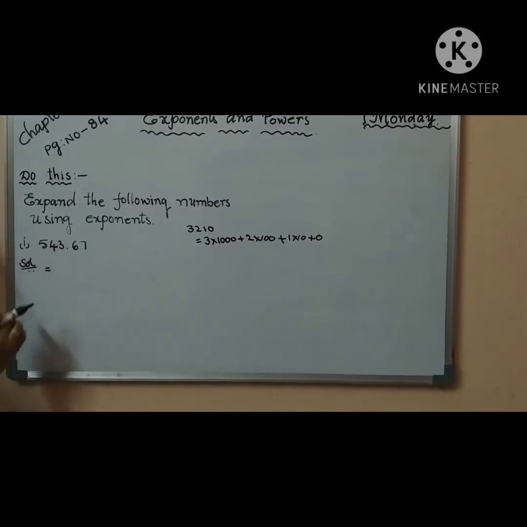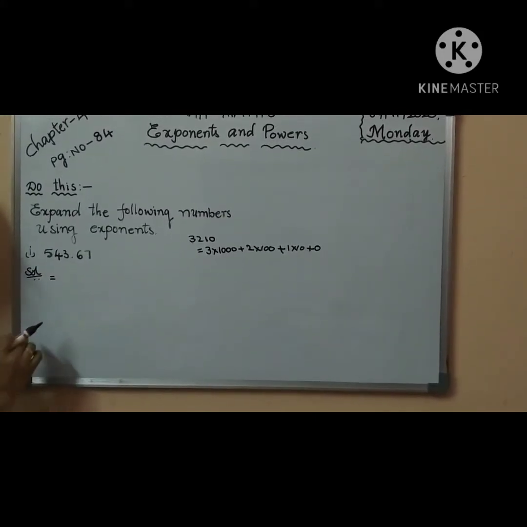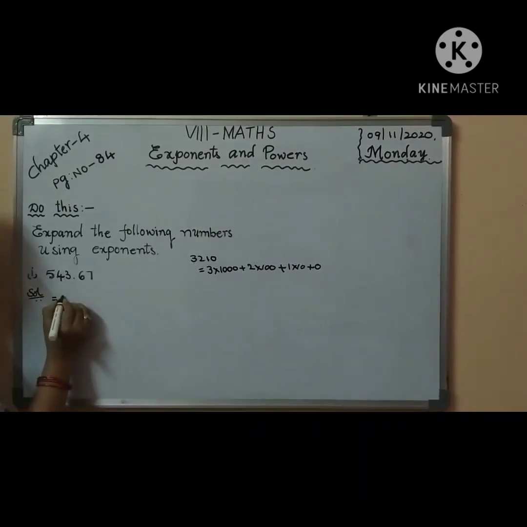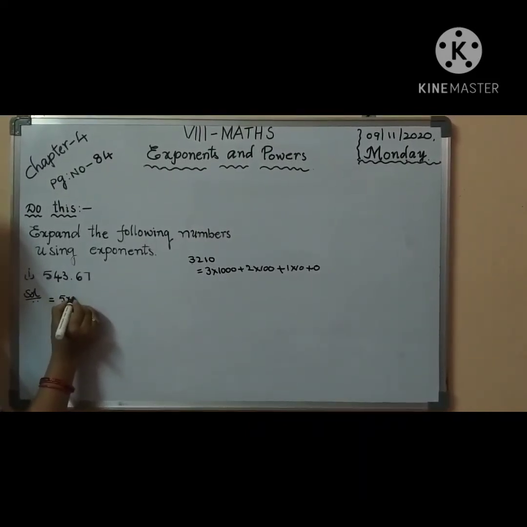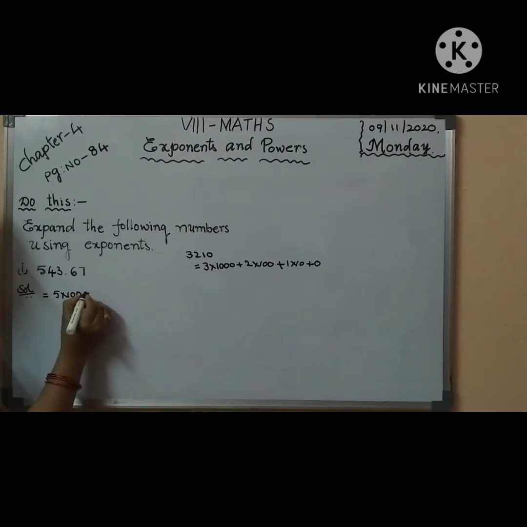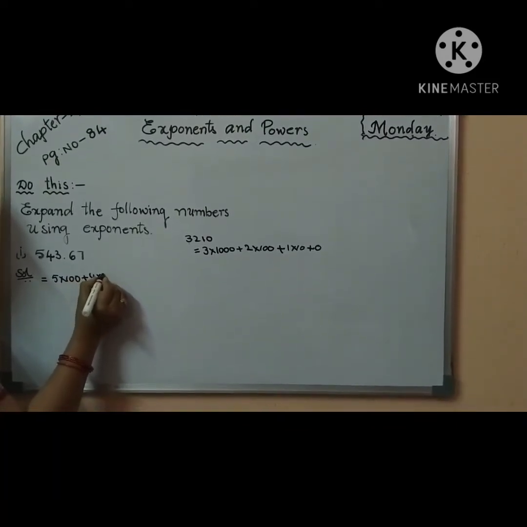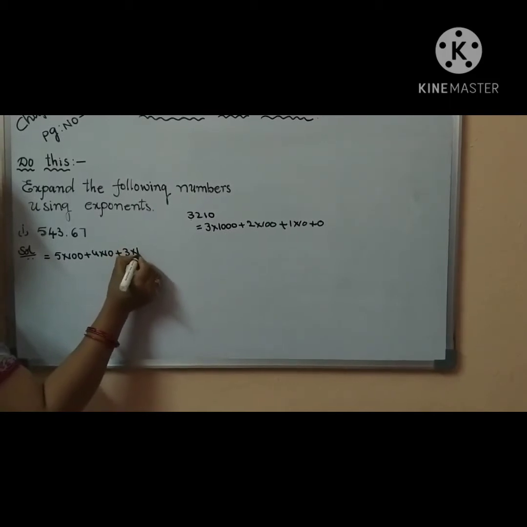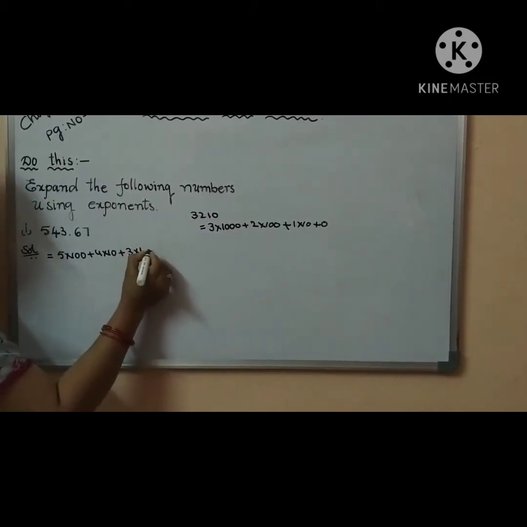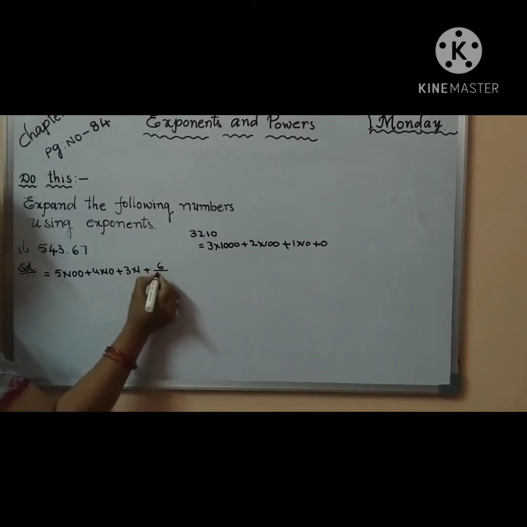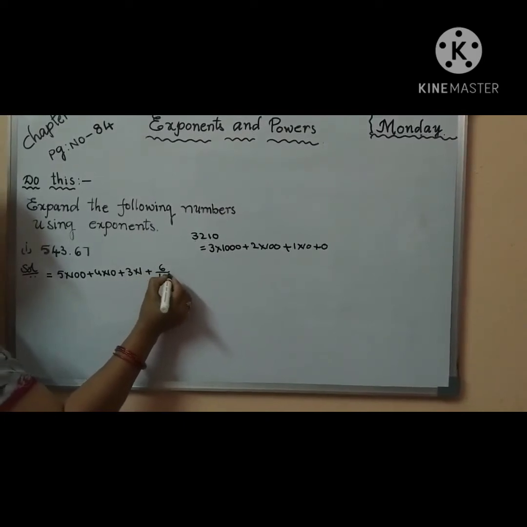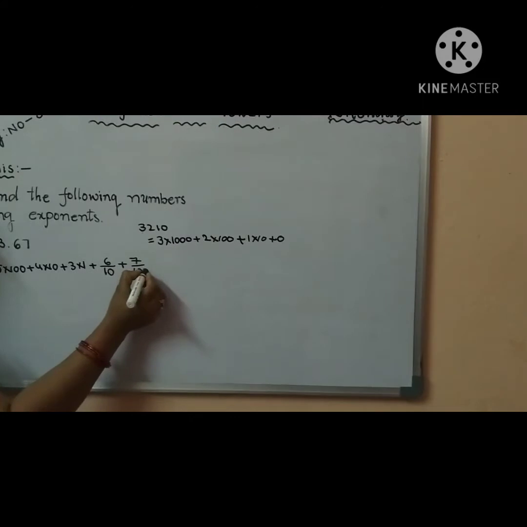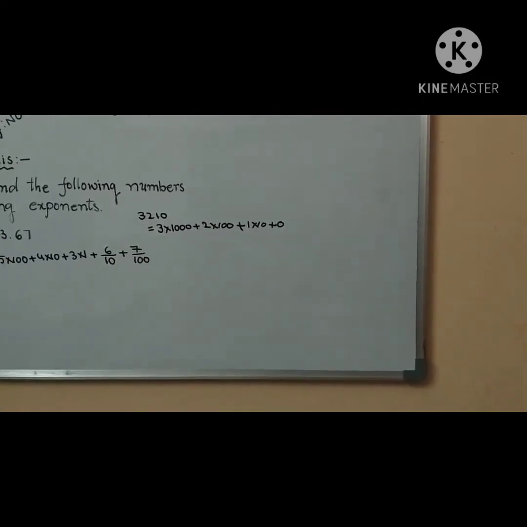So here, 543.67. Write ones, tens, hundreds. So 5 into 100 plus 4 into 10 plus 3 into 1 plus 6 by 10 plus 7 by 100. Did you understand this, children?